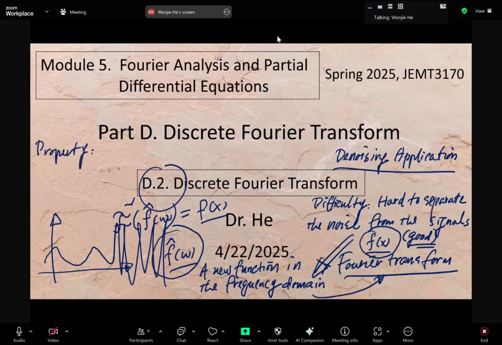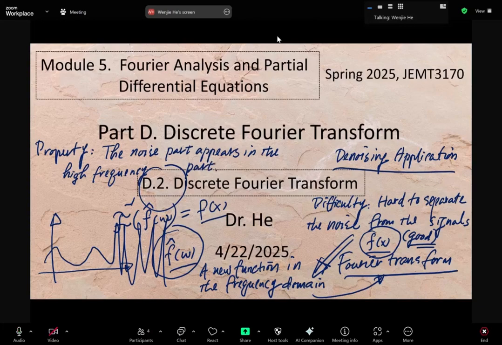The new property is the noise part. It appears in the high frequency part, not the low frequency part.